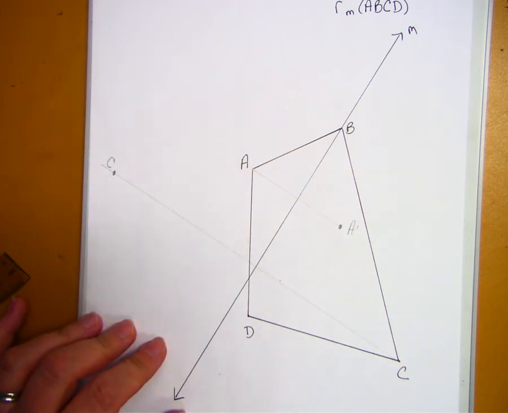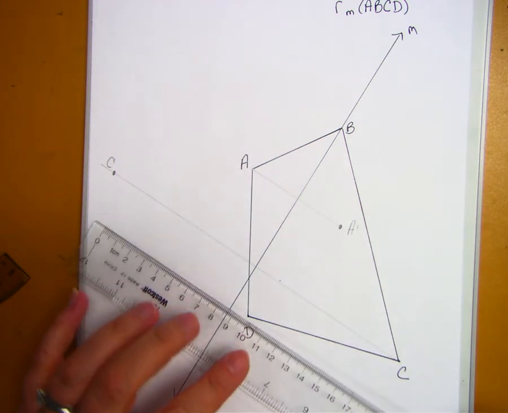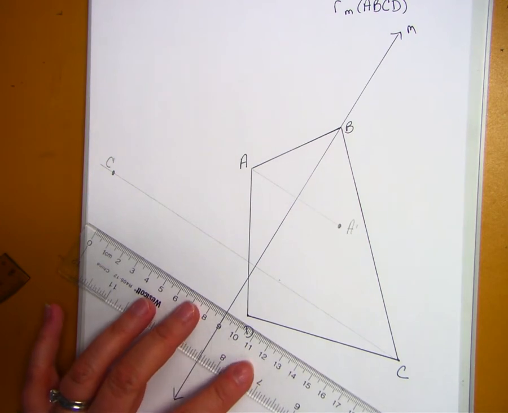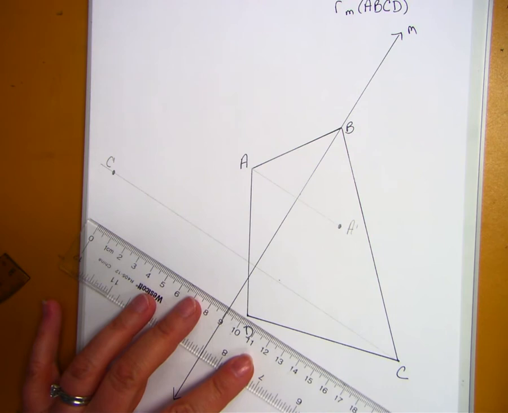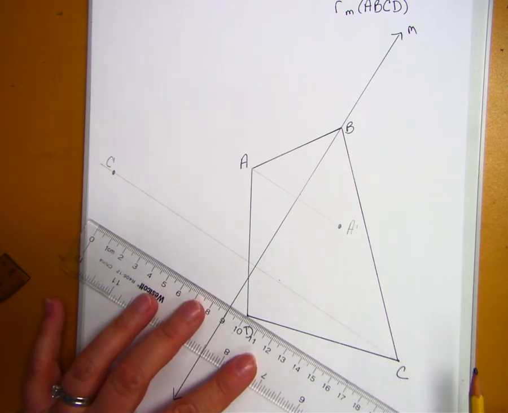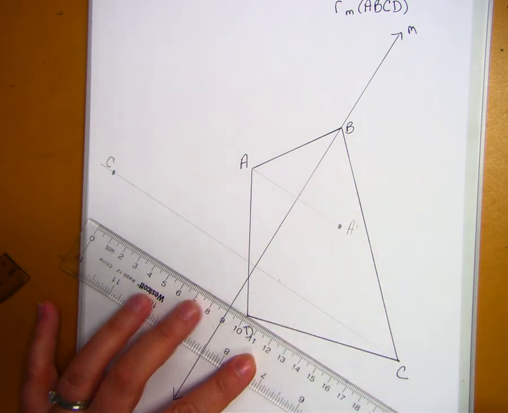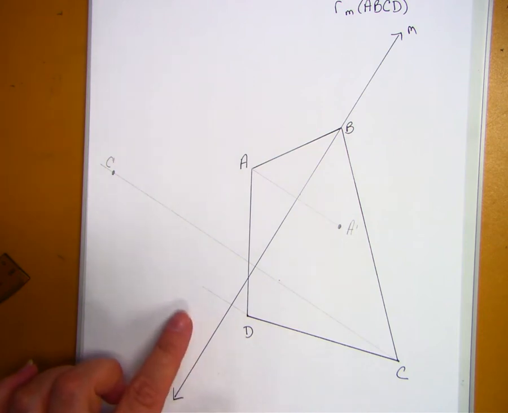I'm going to do the same thing with D. I'm going to just use the ruler again to show you that it does save a little bit of time. I'm going to line up my ruler. This time I chose the 9, it doesn't matter, so that it's right on top of my line. I'm going to move the ruler so that I can sketch a light line, get it lined up correctly, over from D. So there's my light line.